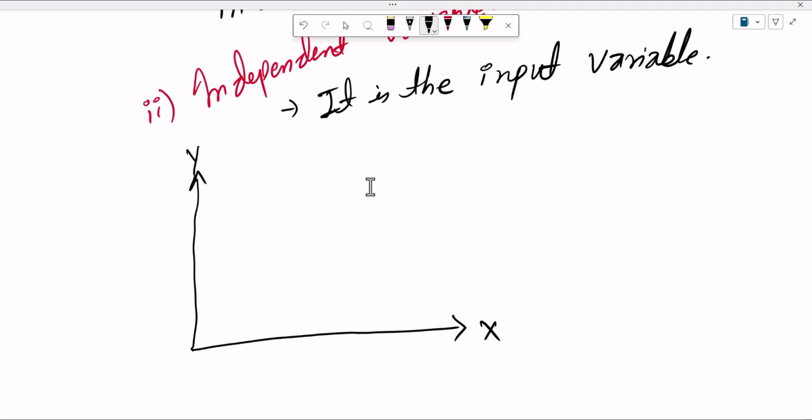On the x-axis you have the independent variable, the input variable. Independent variables are the cause, and the dependent variable is the effect.